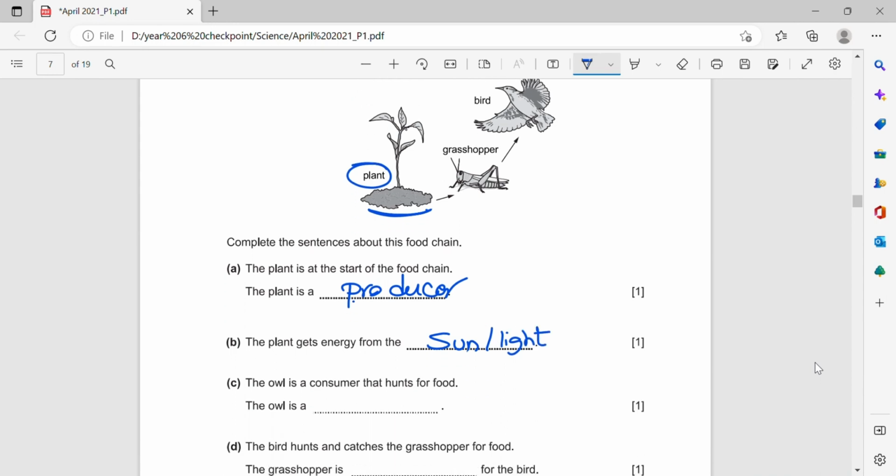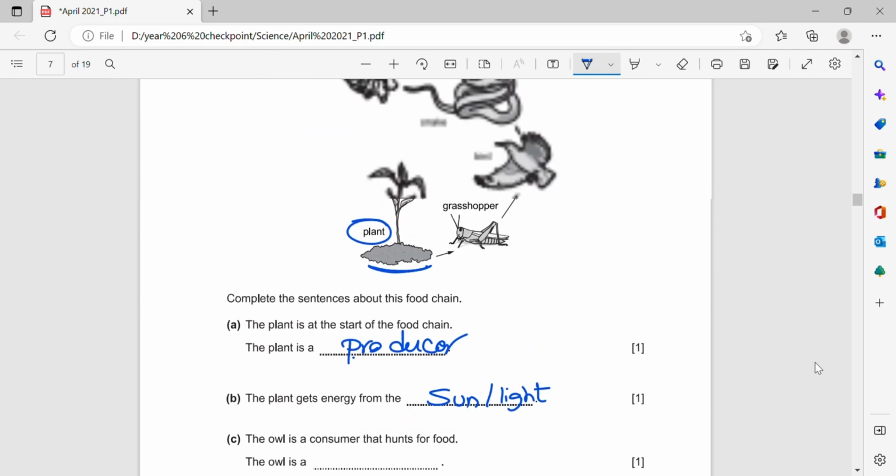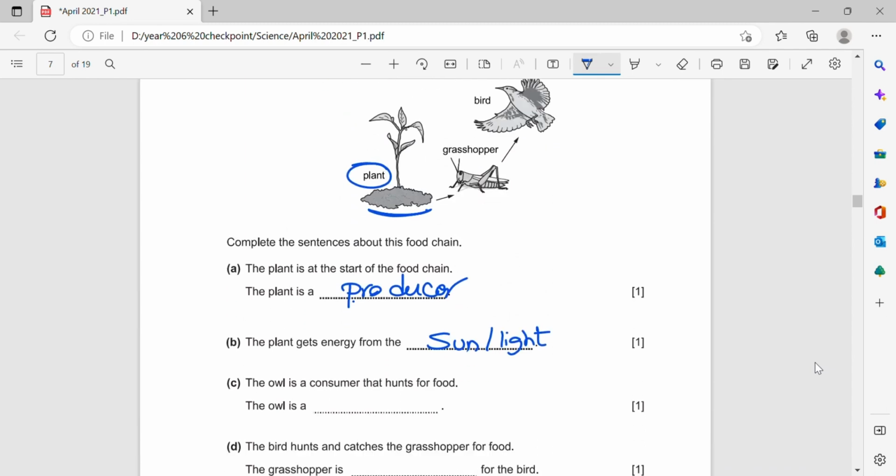The owl is a consumer that hunts for food. The owl is a what? What do we call the consumer that hunts? It's a predator. Okay, if someone writes it's a carnivore, it's considered also correct.